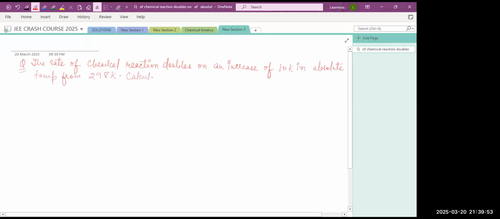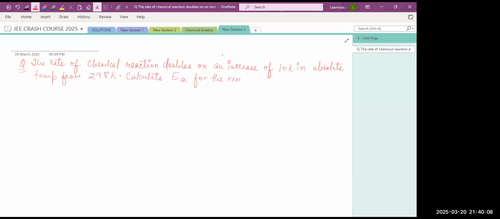Now calculate the activation energy for the reaction. Just calculate it using that formula and tell me the answer. Just quick. I need a quick response.